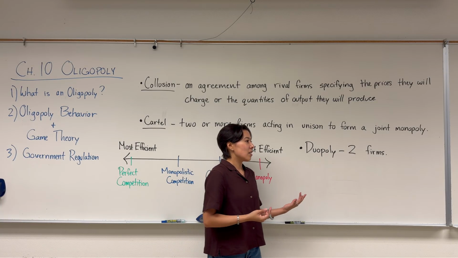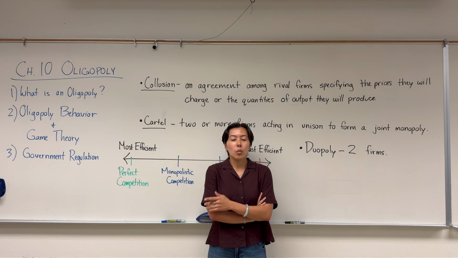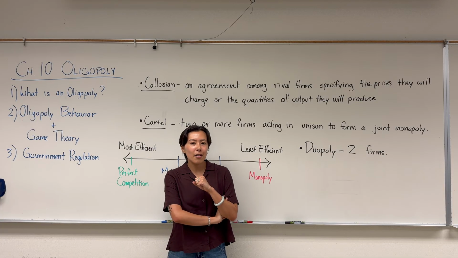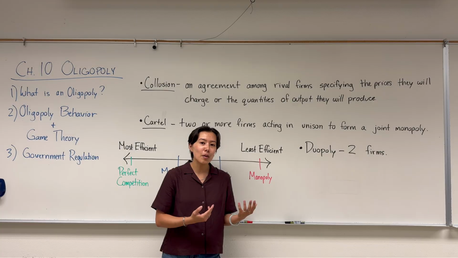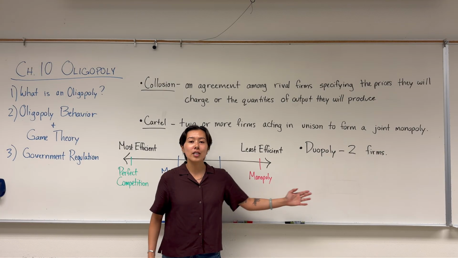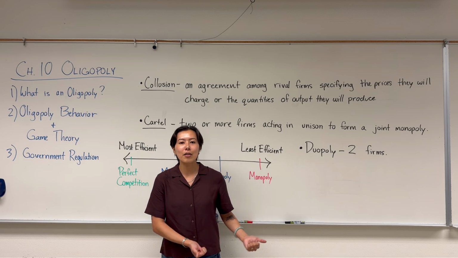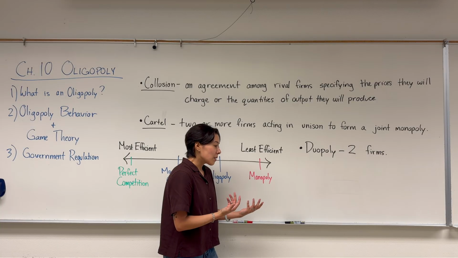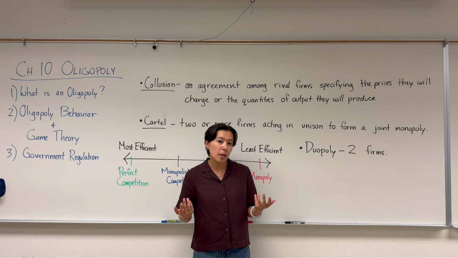But the thing about this is that when both firms restrict their output, one firm might get a good idea. So maybe Coca-Cola says, now that I've tricked Pepsi into reducing its output, if I increase my production, I'm going to increase my sales, I'm going to get a lot more customers in this market, and I'm going to drive up my own profits at Pepsi's expense. Actually, both Coca-Cola and Pepsi will probably come up with this idea.